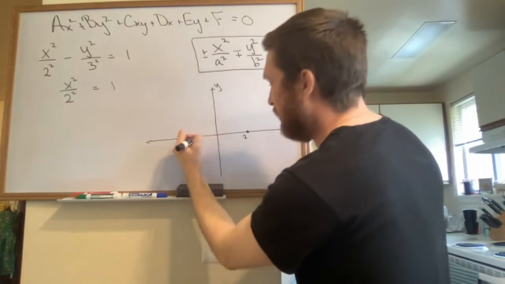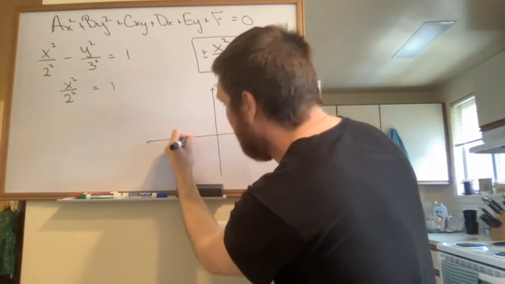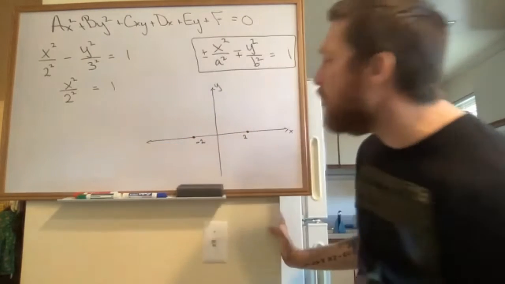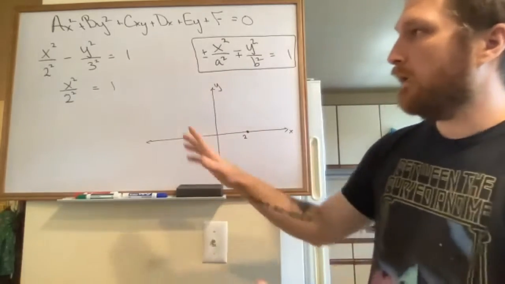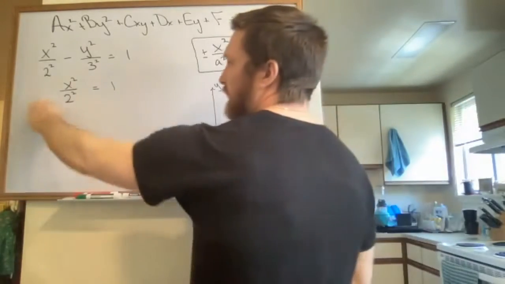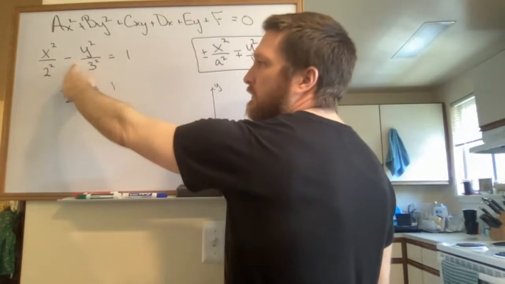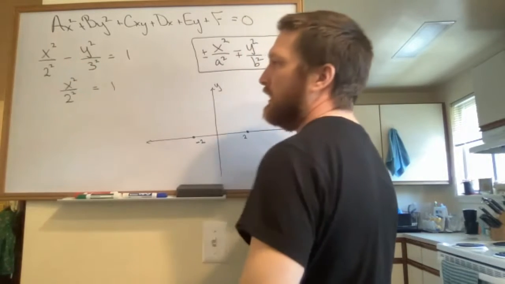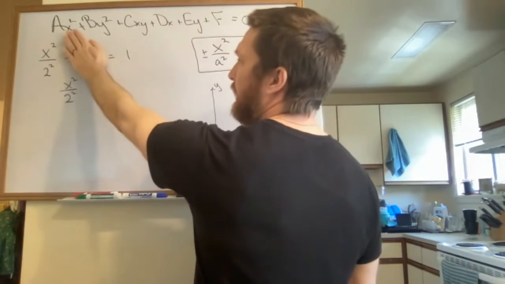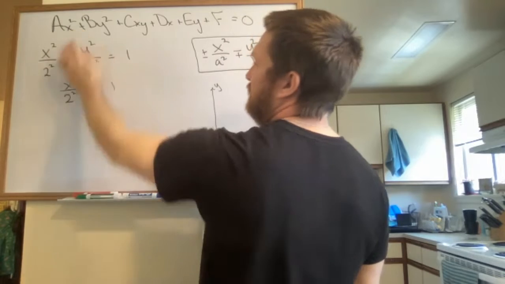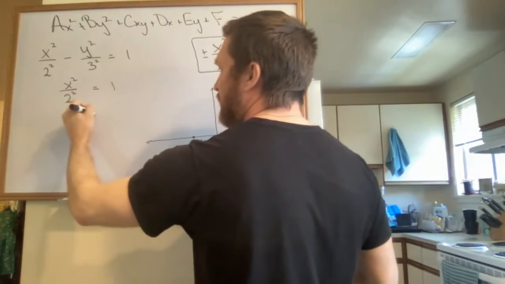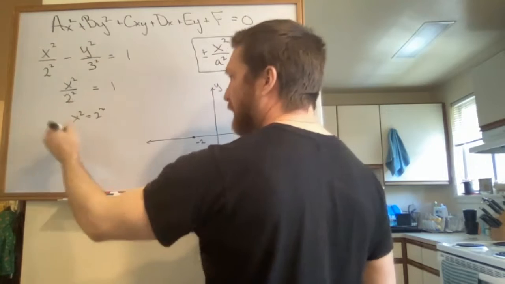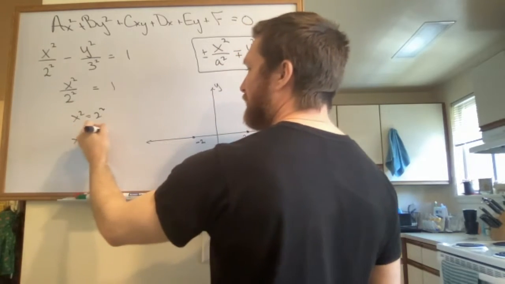Yeah, there's no difference between what we've been doing and what we're doing now, right? Once we're here, this is the same thing as if that were a plus, right? And we'd say, where does it go through the x-axis? Well, cover that guy up. Oh, 2 and -2, right? Because we would have x squared equals 2 squared. Take a square root, you get a positive and a negative, and so you get plus and minus 2.